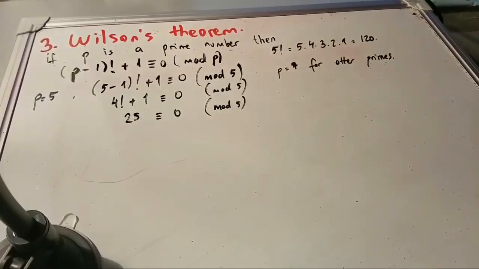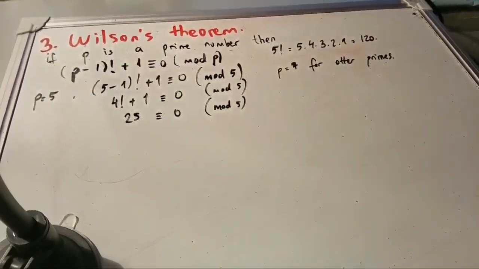Before we start the next theorem, remember Fermat's little theorem and Fermat's theorem. If p is a prime and p is not divisible by a, then according to Fermat's little theorem, a to the power of p minus 1 is congruent to 1 in mod p.